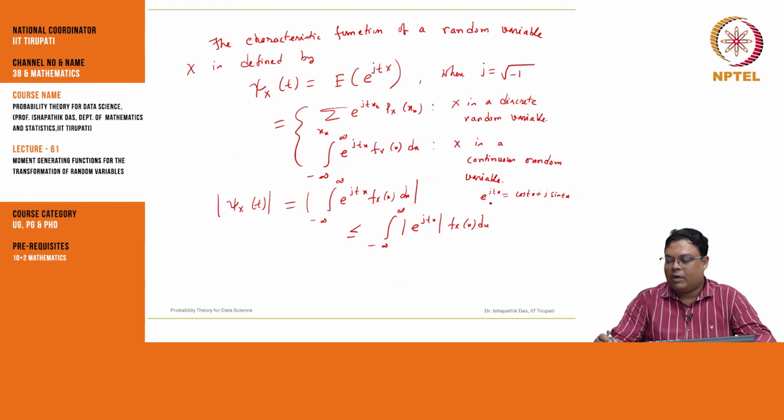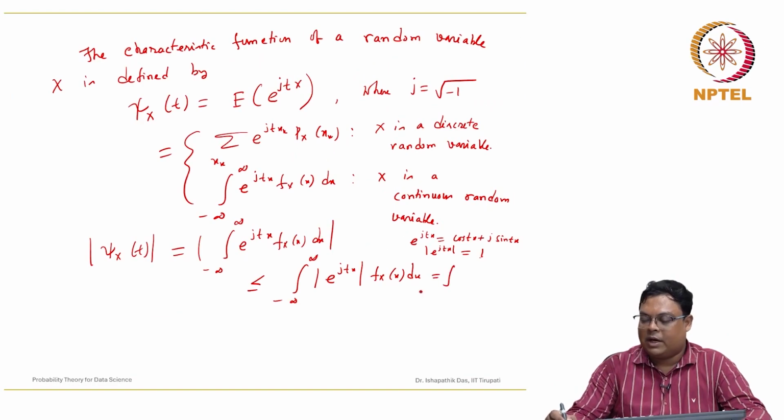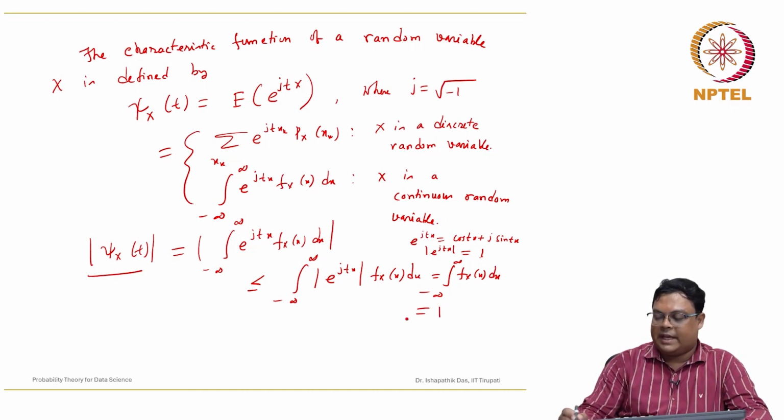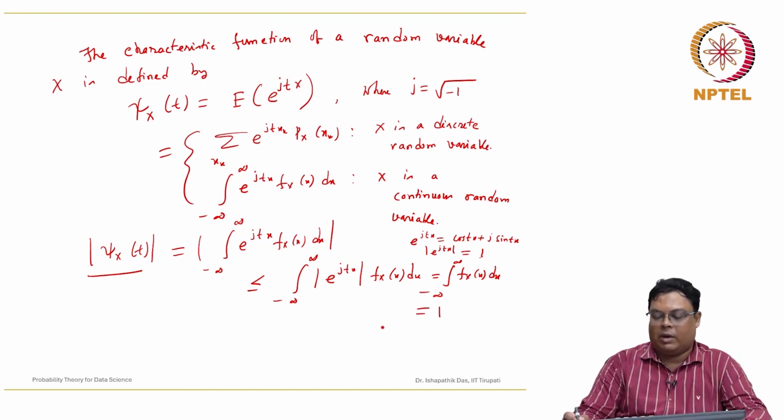So its mod is the square root of cos square tx plus sin square tx, which is the square root of 1, so it equals 1. So this value is the integral from minus infinity to plus infinity of fX(x) dx. Because it is a density function, this value equals 1. So the mod of psi X(t) is less than or equal to 1.